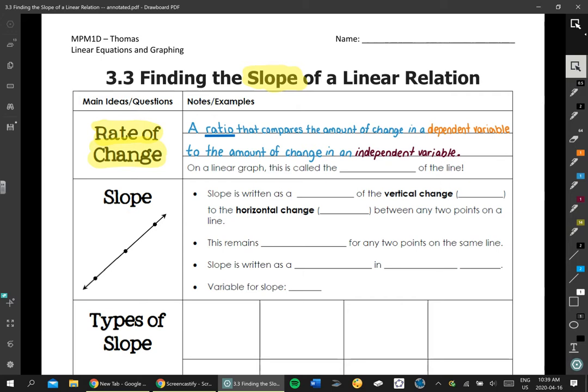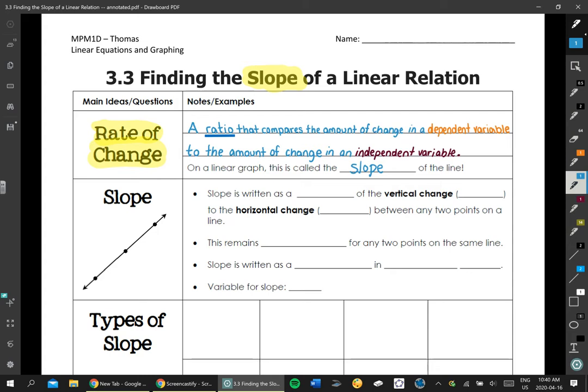And on a linear graph, this is called the slope of the line. So rate of change is the ratio, and when we're talking about the graph of a linear relation, we call rate of change the slope.